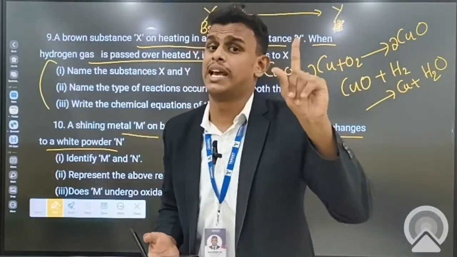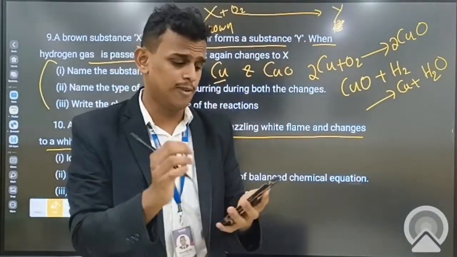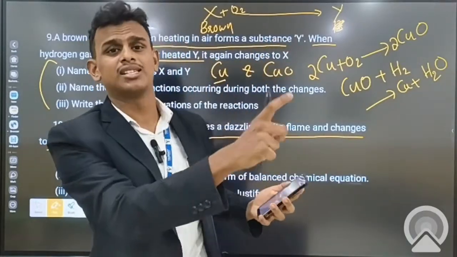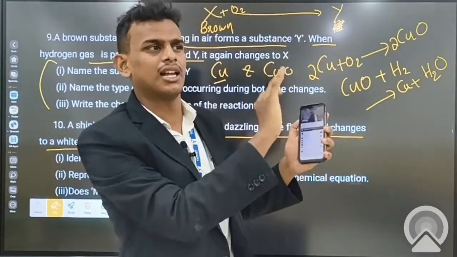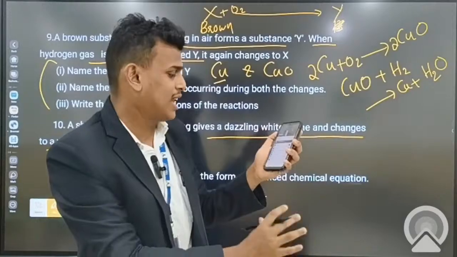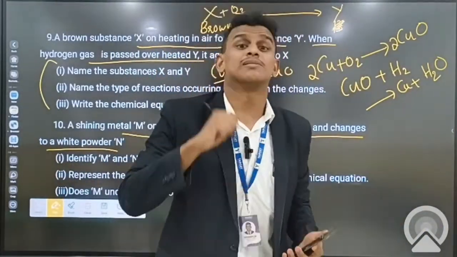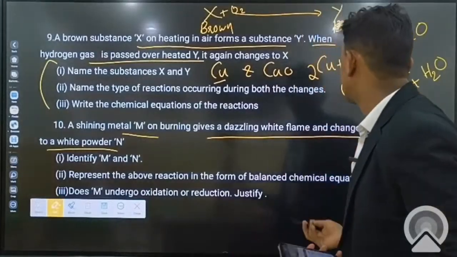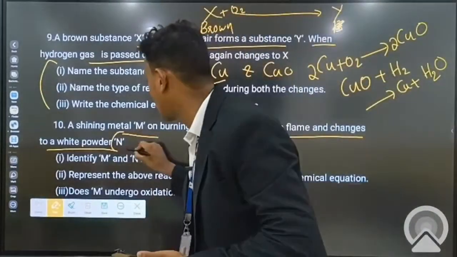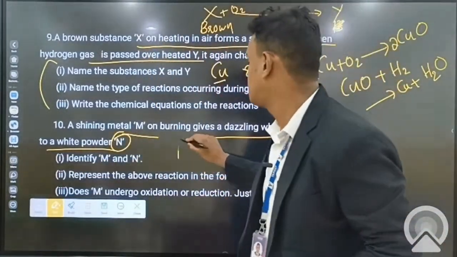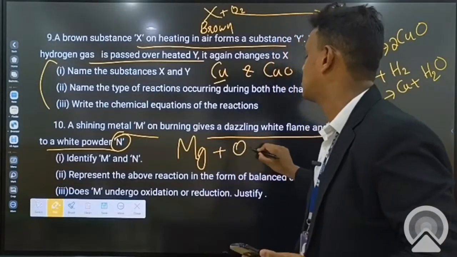At the end of your first page, where the chapter is starting, you can see that experiment. So M is magnesium. After burning it turns to N. N means magnesium oxide, formed on reacting with O2.